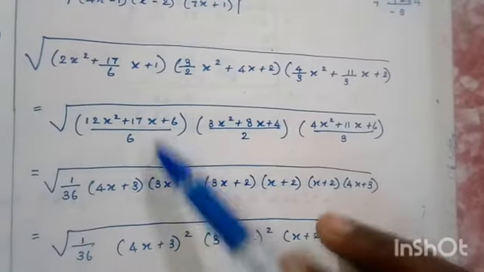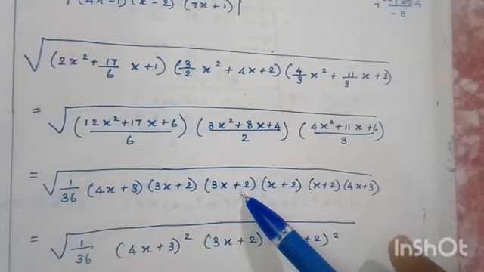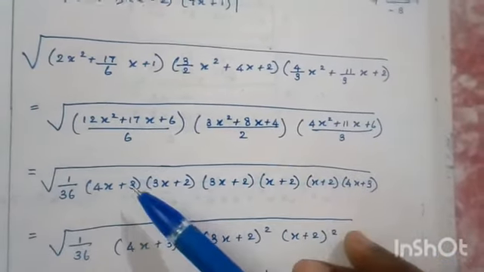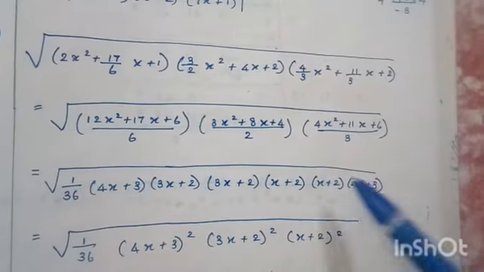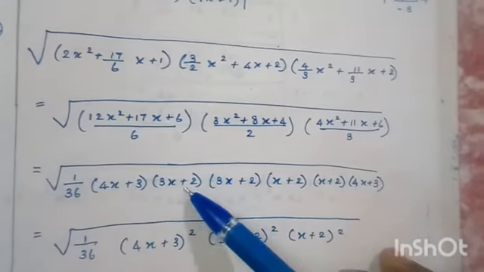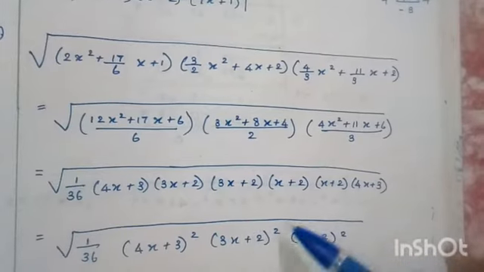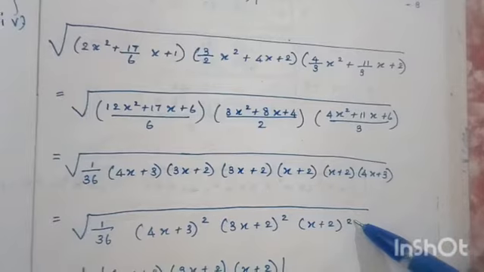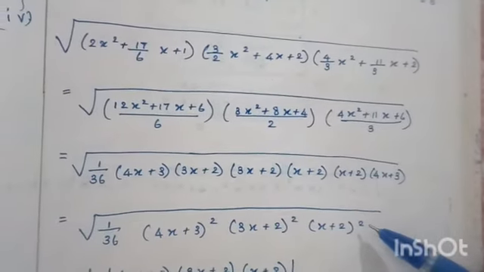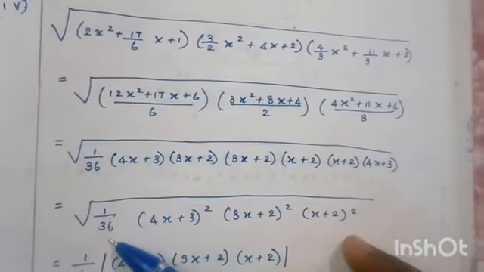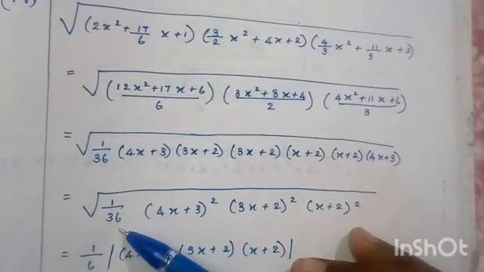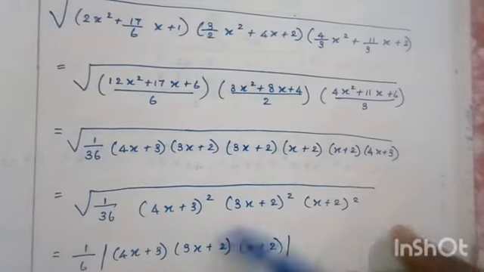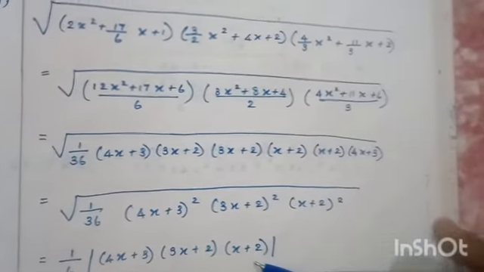Then for this one factor is this, for this one factor is this. Now 4x plus 3, 2 times is there, 4x plus 3 whole square. 3x plus 2, 3x plus 2 whole square. x plus 2 is there, so x plus 2 whole square. Now we want to find the square root. So that is 1 by root 36, root value is 1 by 6. So that is absolute value of 4x plus 3, 3x plus 2, x plus 2.